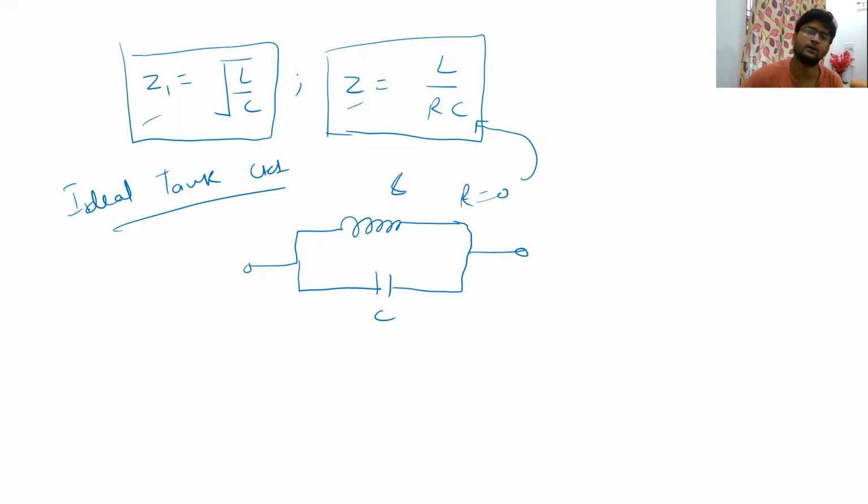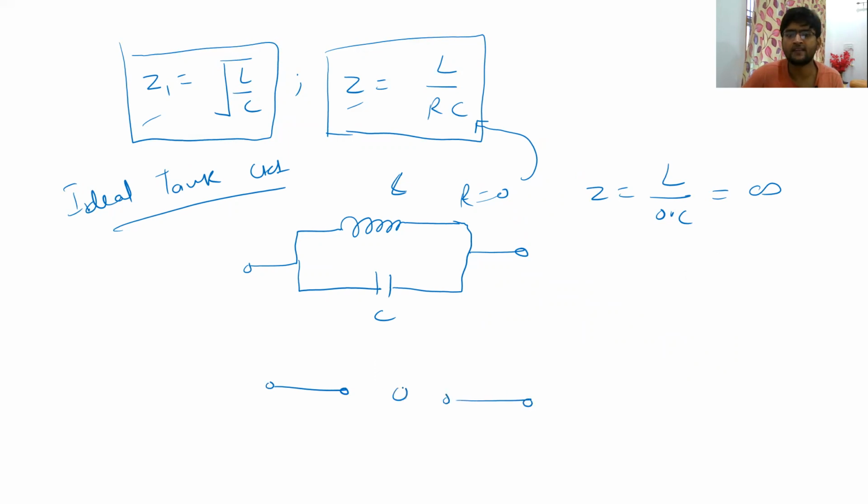And if you put the value of R as 0 to make the tank circuit ideal, what will be the value of Z at resonance? Definitely Z is going to be L upon 0 into C, which means infinity. So this is very important: an ideal tank circuit works as an open circuit at resonance. Clear?